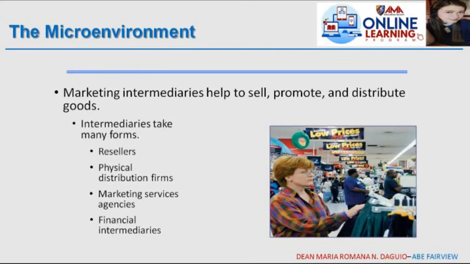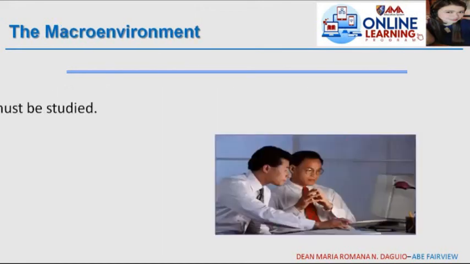So dito sa financial, that could include banks and other financial institutions. And aside from this, we also have other intermediaries like the wholesalers, retailers, and brokers, agents, they can also be considered as intermediaries.